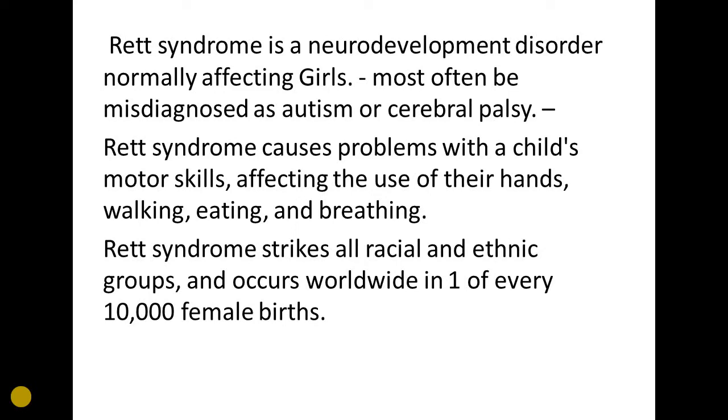Most often it is misdiagnosed as autism or cerebral palsy, but Rett syndrome causes problems with a child's motor skills, affecting the use of their hands, walking, eating and breathing. This Rett syndrome strikes all racial and ethnic groups and occurs worldwide in 1 of every 10,000 female births.